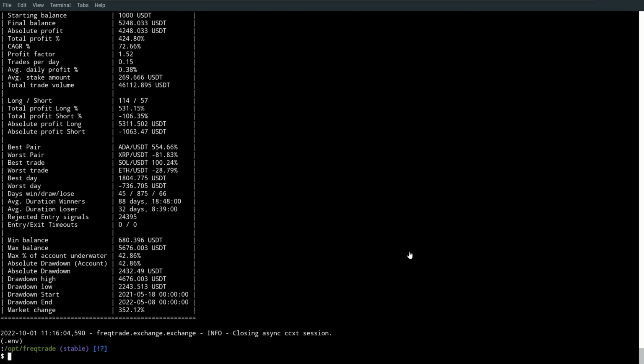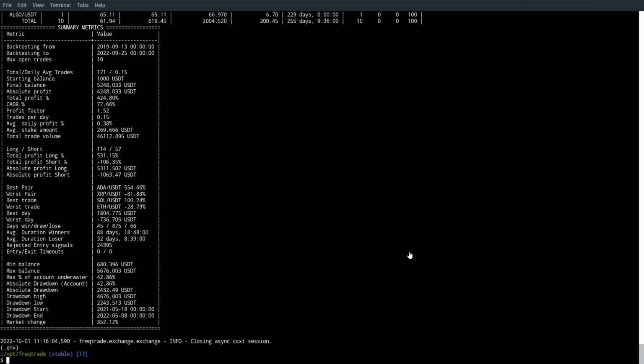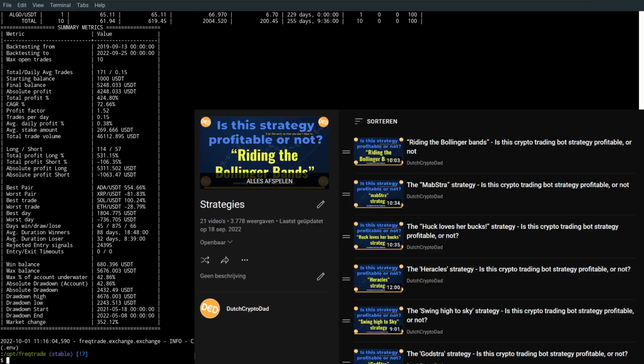And luckily for me, this strategy file indeed worked and gave me some results back, as you can see from the backtest results output. That means that I coded this correctly and the Freqtrade bot can make some actual trades with this file. And the next question which comes up in my mind is if this strategy can be profitable when trading with an automatic trading bot. But that is the subject for another video series that I'm making for you.